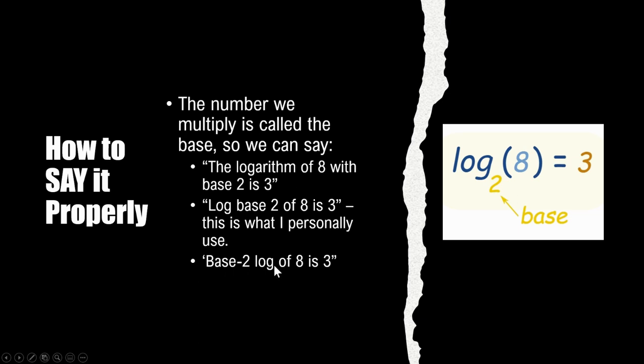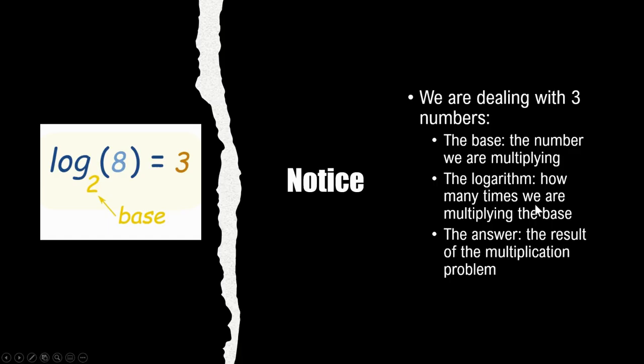Base 2 log of 8 is 3. Over here on the right are just three ways you can say it. The one in the middle, I read left to right: log base 2 of 8 equals 3. And honestly, I think that's the best way, but that's just me.